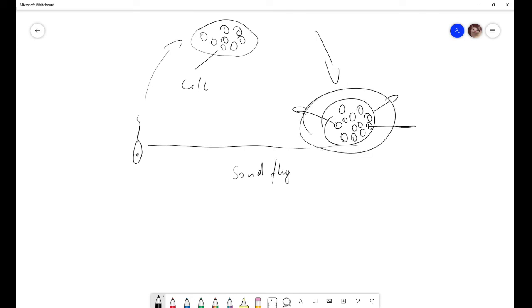And after that, the sand fly bites us again and takes this amastigota stage into its organism, and the life cycle is complete. Okay.